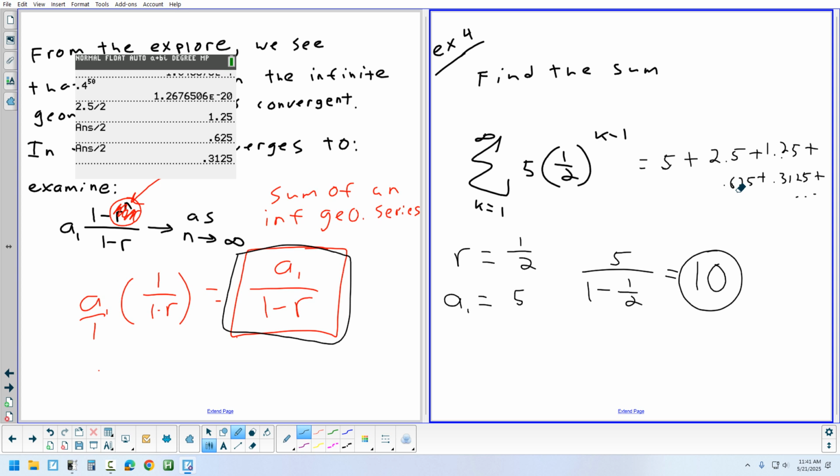Limit is the value that it is approaching. Okay, so the limit in this sequence is 0. The limit for the sum of the sequence is 10. So you just have to know that vocabulary because I'll use those on the test. And that's pretty much it for the sum of an infinite series. That's all there is.